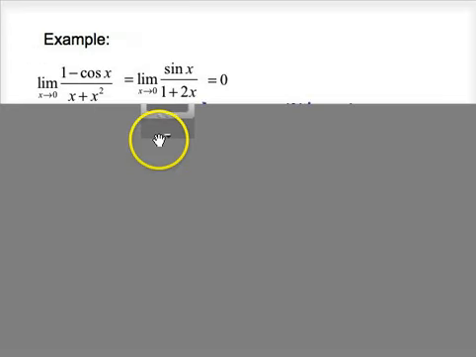Okay, here's another example. Limit as x approaches 0 of 1 minus cosine x divided by x plus x squared. I don't know what that is right off the top of my head. I try substitution. I will stick 0 into the numerator. When I do that, I will get 0. And if I stick 0 into the denominator, I also get 0.